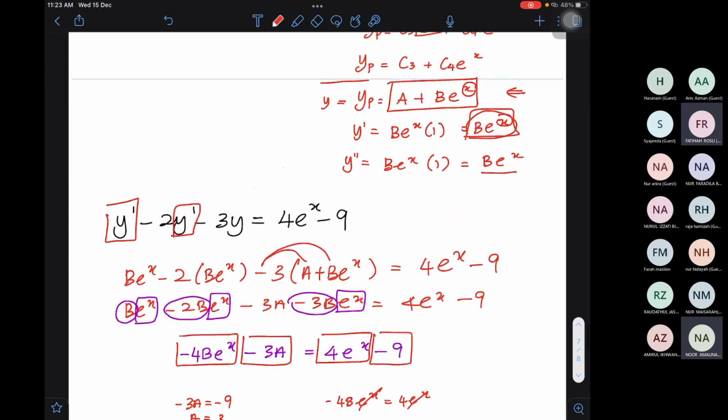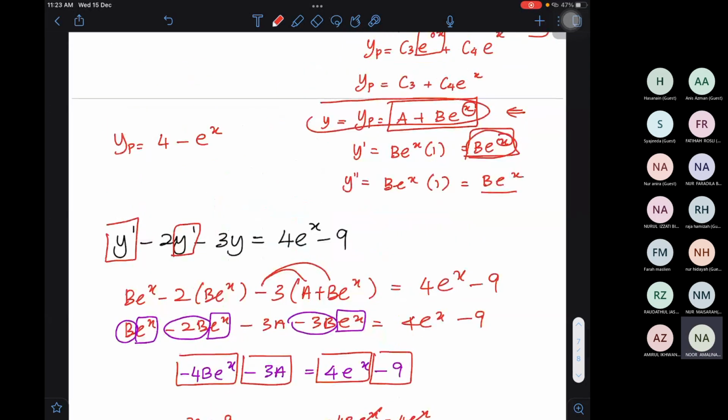Masukkan sahaja dalam kita punya YP. So YP kita adalah 4 minus negative 1. B negative 1, so 4 minus exponent X. So 4 minus exponent 4 ke? Sorry, 3. Kita punya A adalah 3. So 3 minus exponent X ni adalah YP.